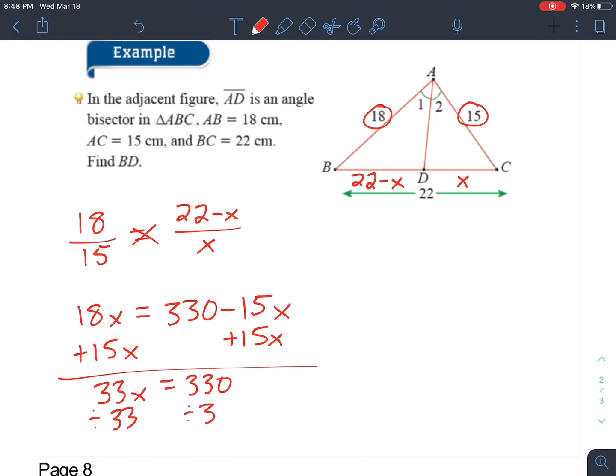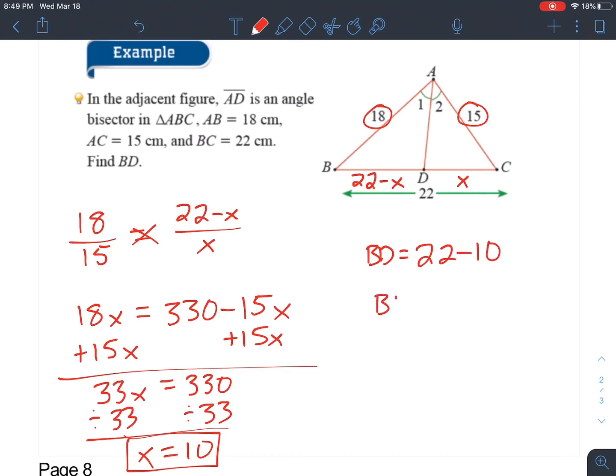And then we can see that x is going to be 10. And actually, I'm sorry, that's not what we're supposed to be solving, because we're supposed to be finding BD. Now that we have x is equal to 10, we just have to do 22 minus 10 to get BD. And BD is going to be equal to 12.